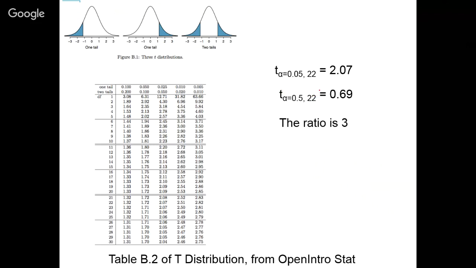So, just to give an example of these margins of error, for alpha equals 0.05, let me see if I can make this a little bigger so we can actually see.